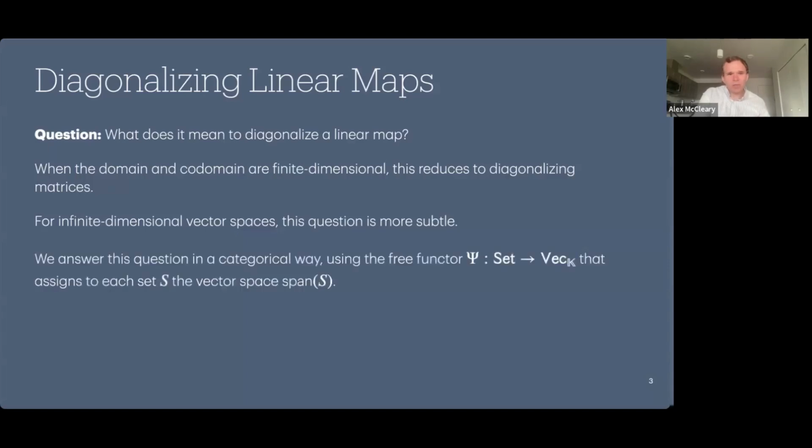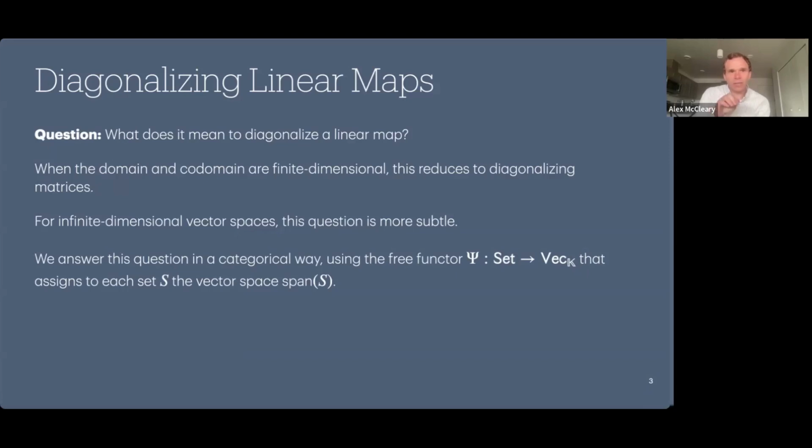And so the approach we'll take to this question comes from the free functor. We're going to use a purely category theoretic approach to define diagonalization and build persistence. The way this works is we have this free functor.